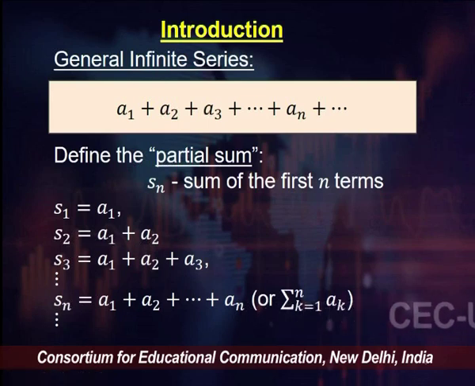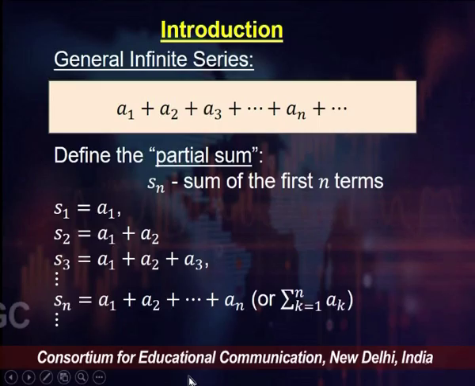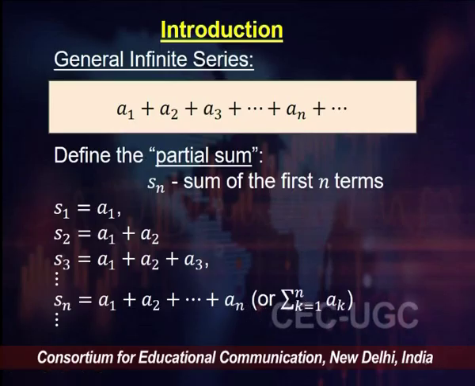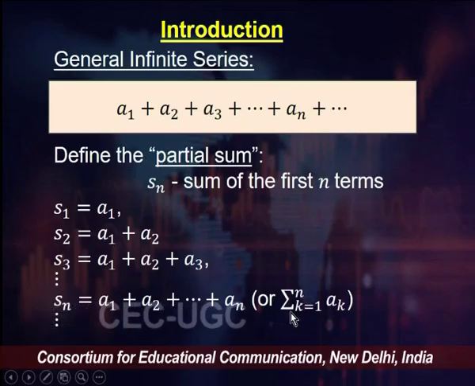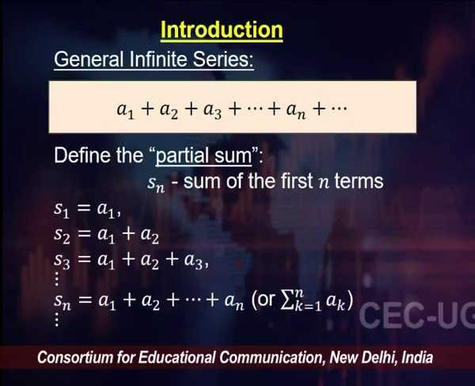Similarly, S sub 3 will be A1 plus A2 plus A3 and so on. So, we can define S sub n as A1 plus A2 and so on till An, that is the sum of the first n terms, and this in compact notation can be represented as summation A sub k, where k goes from 1 to n.